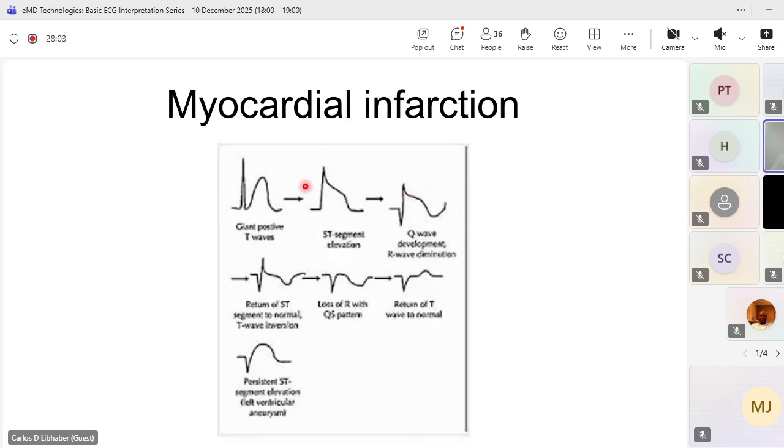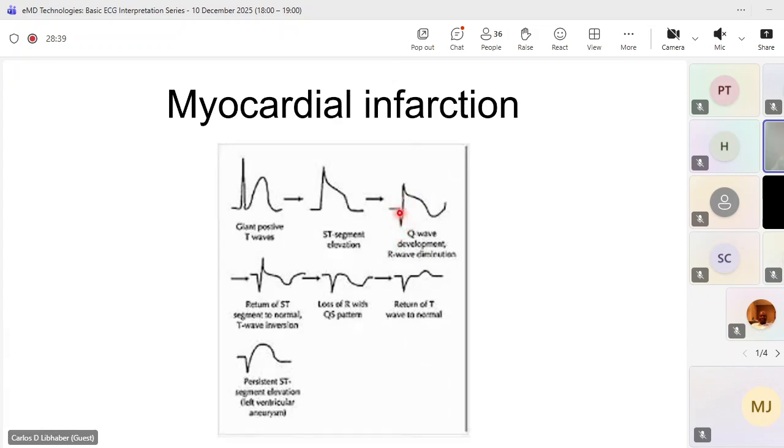If possible, treat the patient as soon as possible to avoid having Q waves, to avoid the necrosis. So we take the patient and treat him in ICU with Actilase, or if possible, we take him to the cath lab and try to open up that artery as soon as possible, before we have irreparable damage.